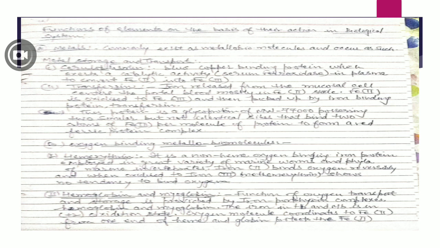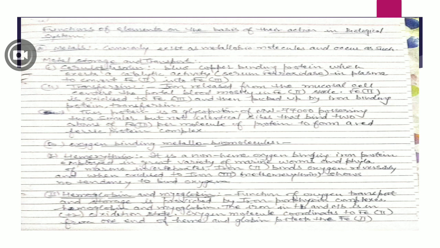This protein is a glycoprotein of MW 77000, possessing two similar but not identical sites that bind two atoms of iron third per molecule of protein to form a red ferric protein complex.